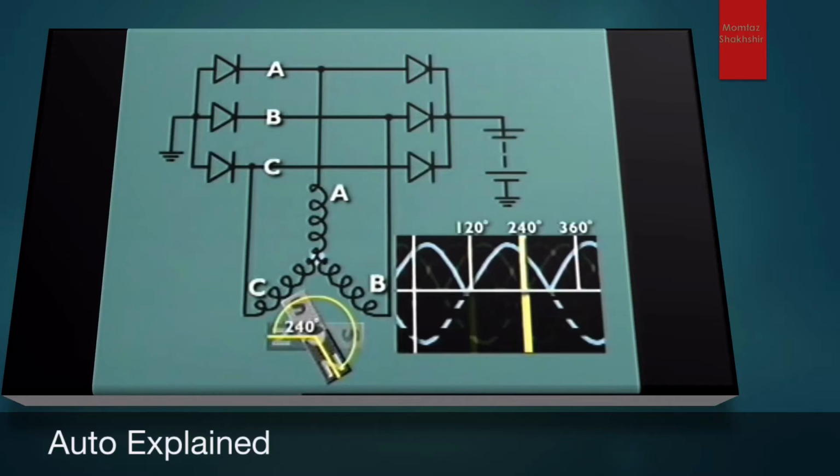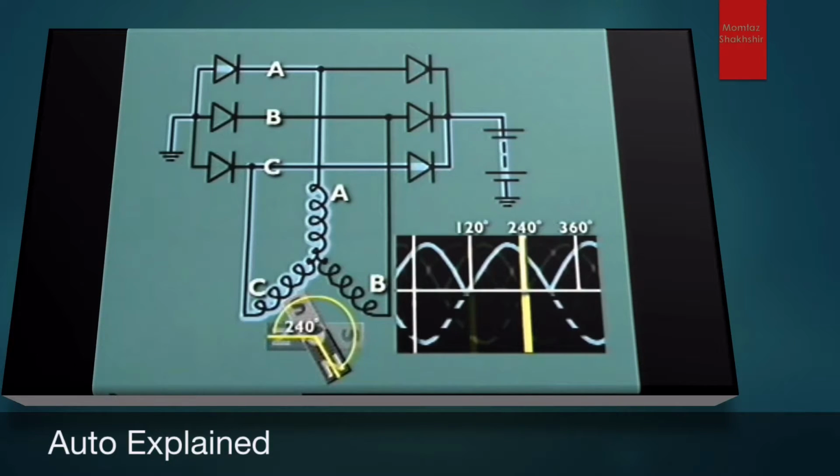The current path then is winding A at start point, winding C, positive diode C, alternator terminal B plus, battery positive terminal, battery ground, alternator ground, negative diode A, and output of winding A.